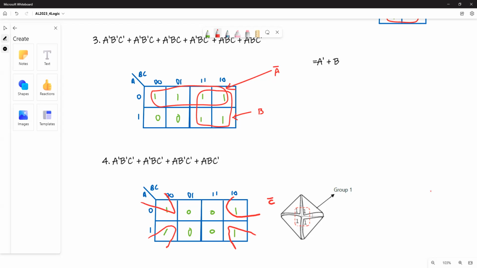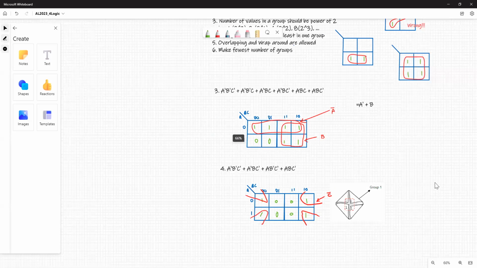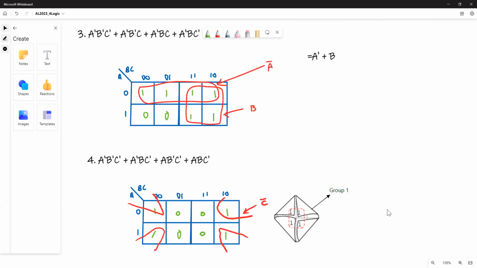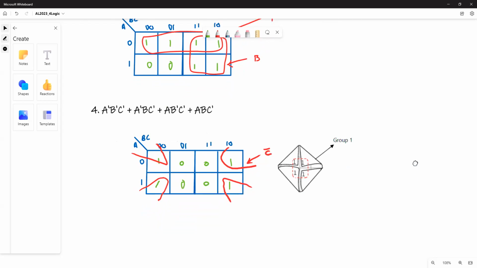From here, we have 0, 0, and 1, 0. 0 is the common one. That means C bar. So when you simplify, the answer should be C bar, isn't it? The answer should be C bar.